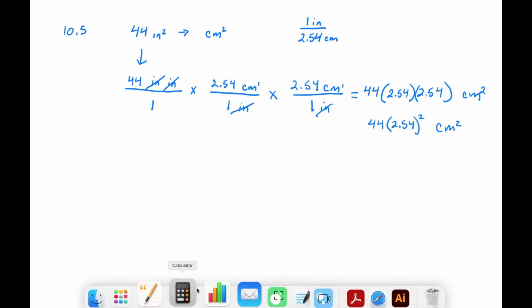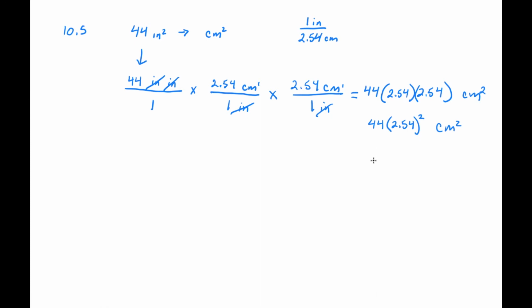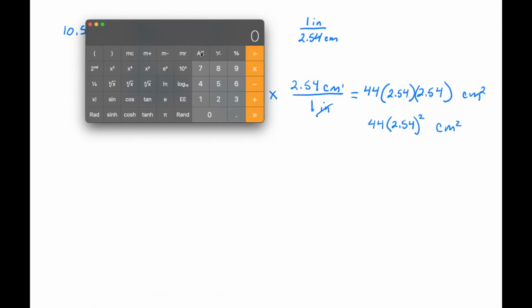Or you could pull up your calculator, and as soon as it comes up, we'll do the math. There we go. And we could say, let me start with the first number, 44 times 2.54 times 2.54, that's the second one, equals, well, that's a big number.